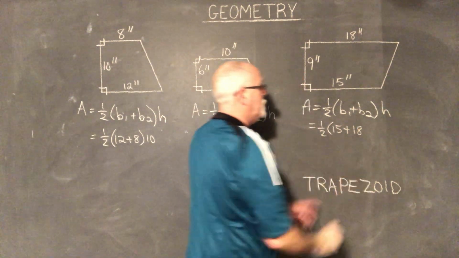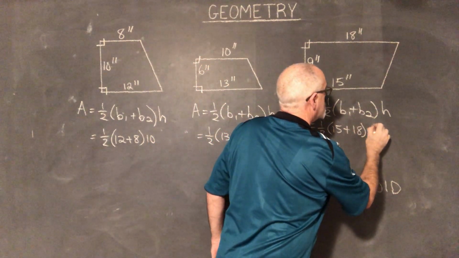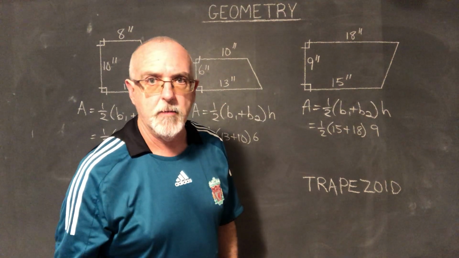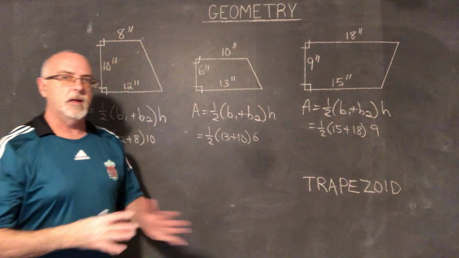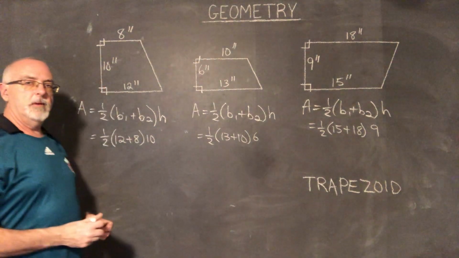Notice how the smaller one went first this time, and it doesn't matter. Times the height, which is 9. Why doesn't it matter? Because 15 plus 18 is the same thing as 18 plus 15. That's a rule about addition that we're supposed to already know, and we should be very familiar with.